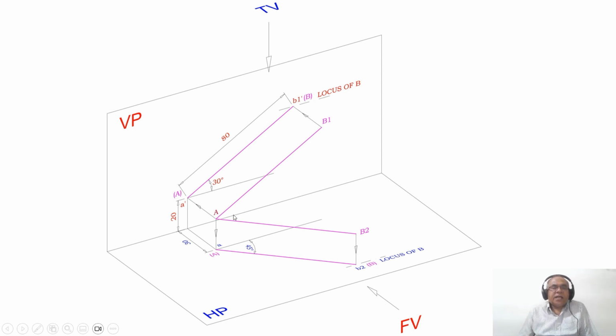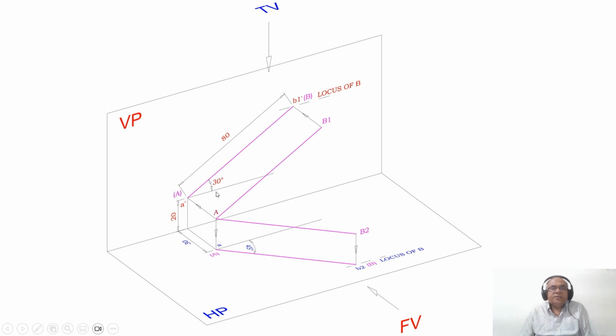According to that, when you look from the front view, the image will fall on the vertical plane. The distance above HP is 20, and this capital AB is 80 mm. So you can see that A dash B1 dash is 80 mm and inclined at 30 degrees.